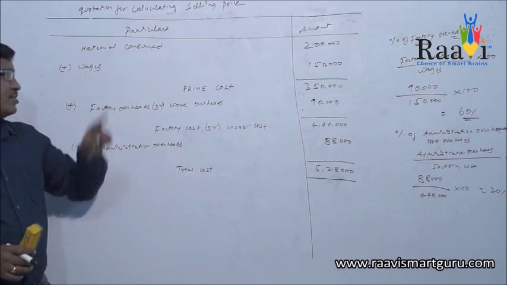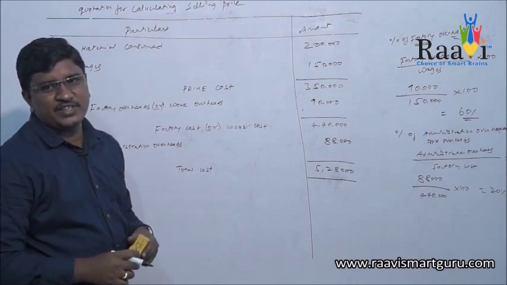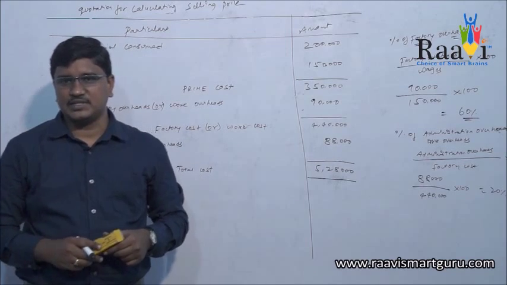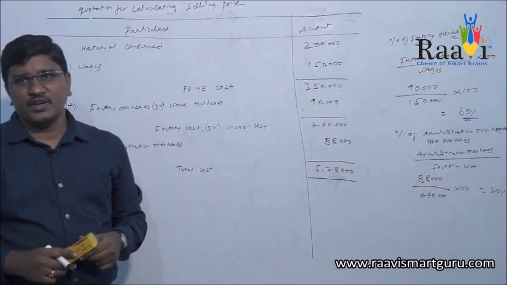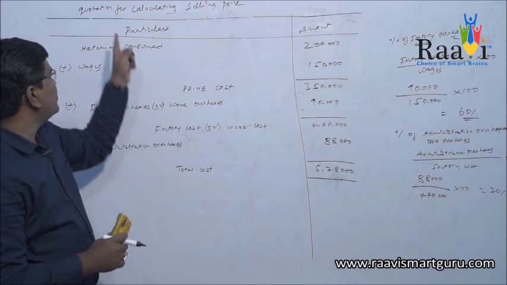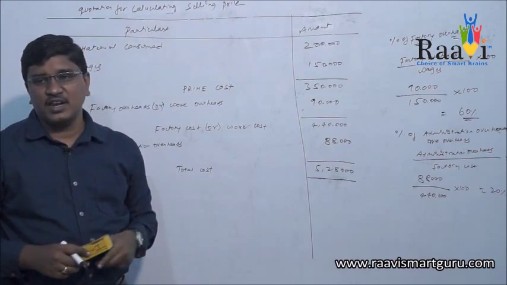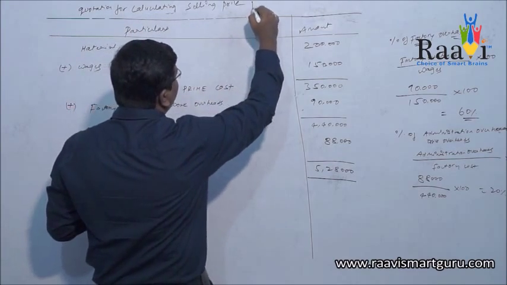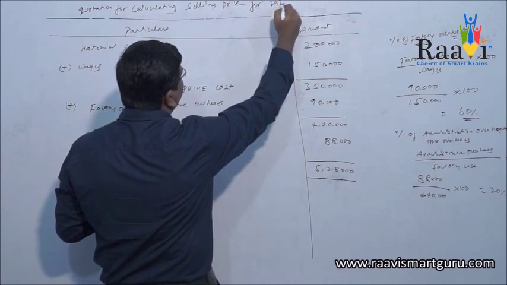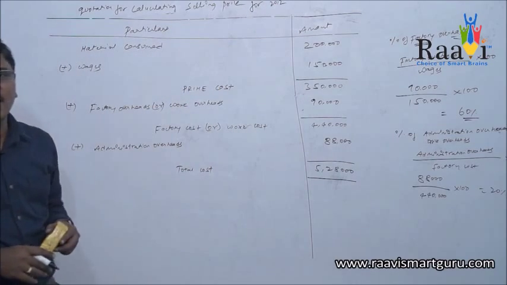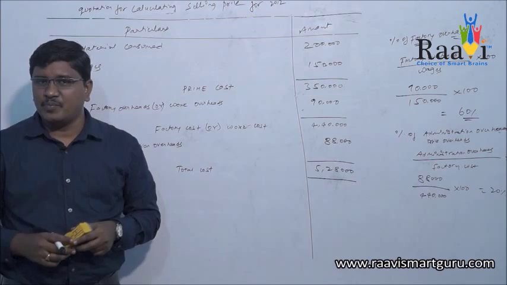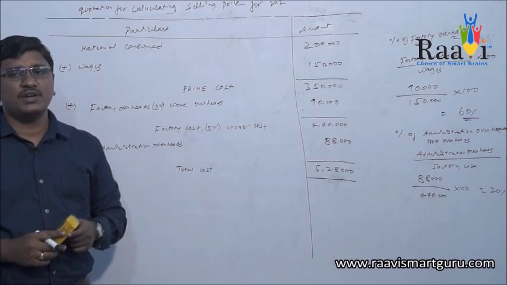Now material consumed is given as 2,000 rupees. This is a quotation for calculating the selling price for 2012. We are calculating the quotation of selling price for the year 2012.